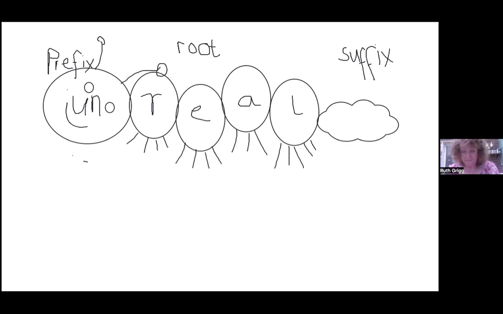It's here. It's alive. It's happening. Unreal means the opposite. It means not real. So un means not. There you go. So there's the prefix in the head. That's before the main word, the root word. If you had a suffix, it would go on the end here.